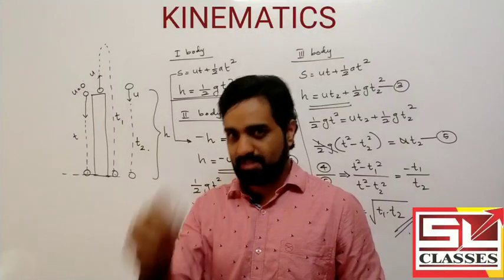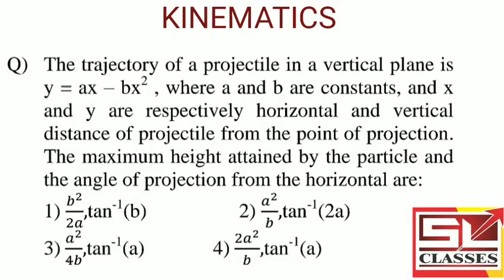Then we are moving to our next question. The trajectory of a projectile in a vertical plane is y equal to ax minus bx square, where a and b are constants and x and y are respectively horizontal and vertical distances of the projectile from the point of projection.